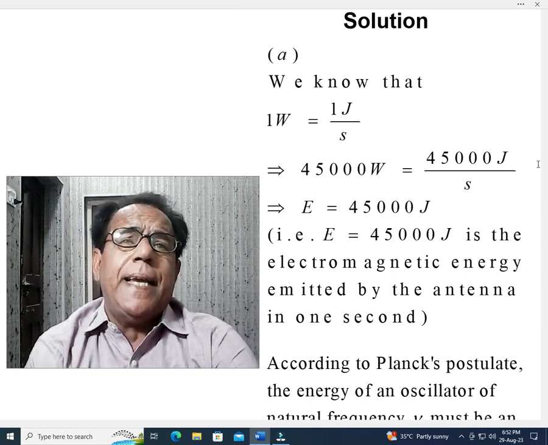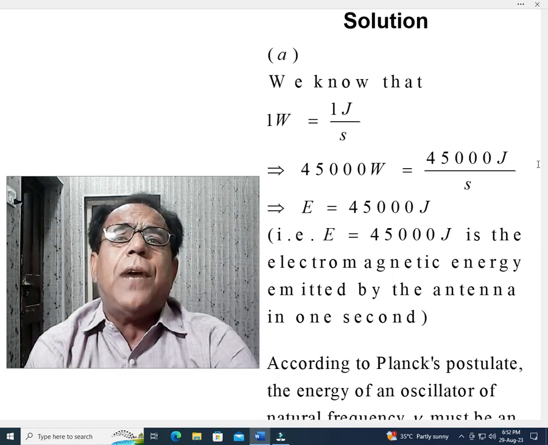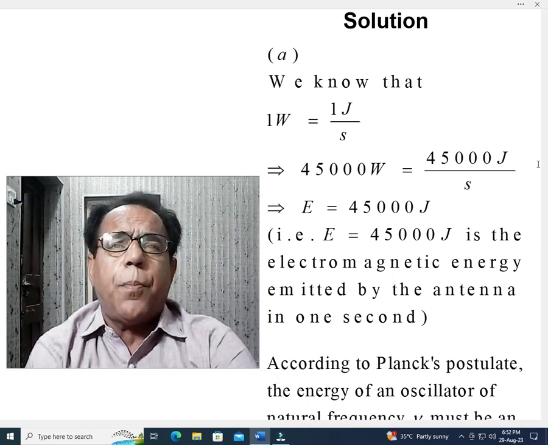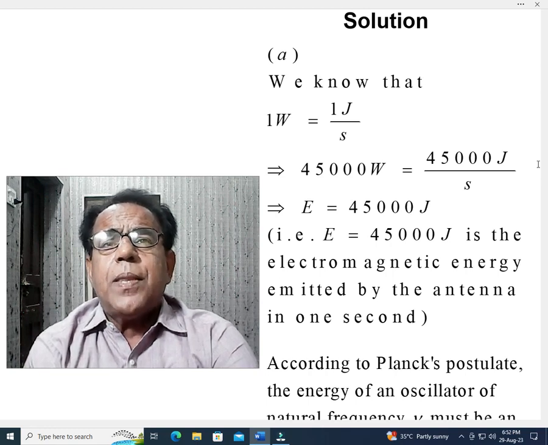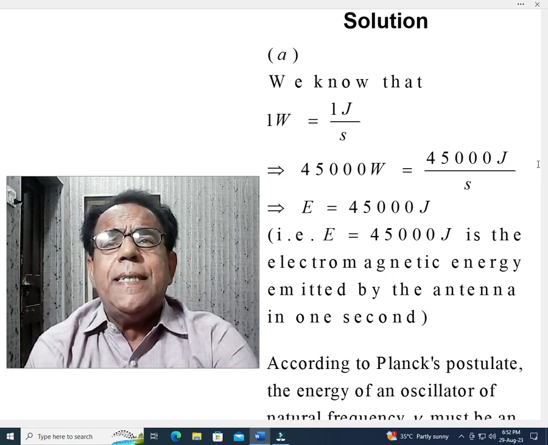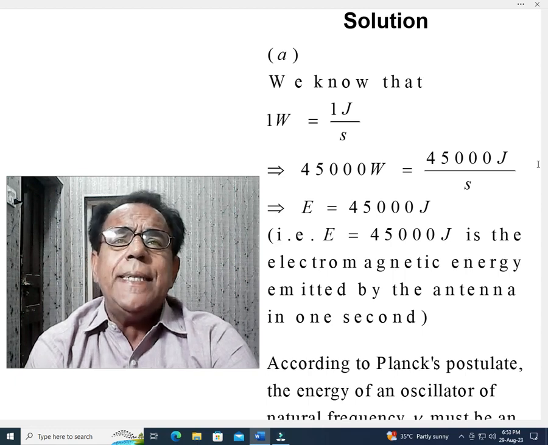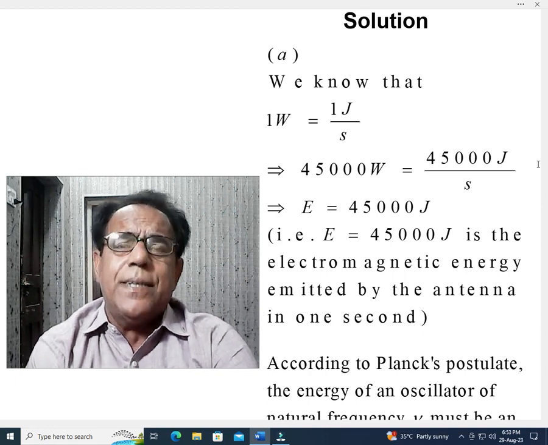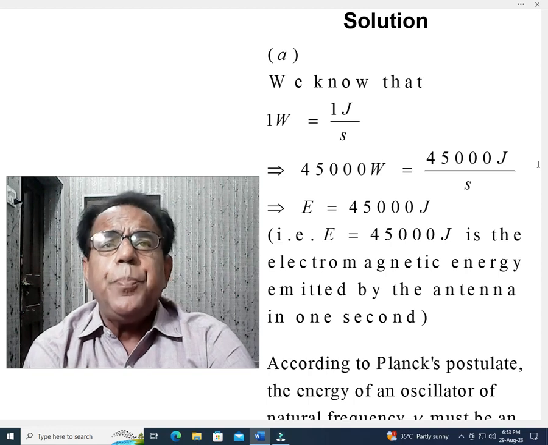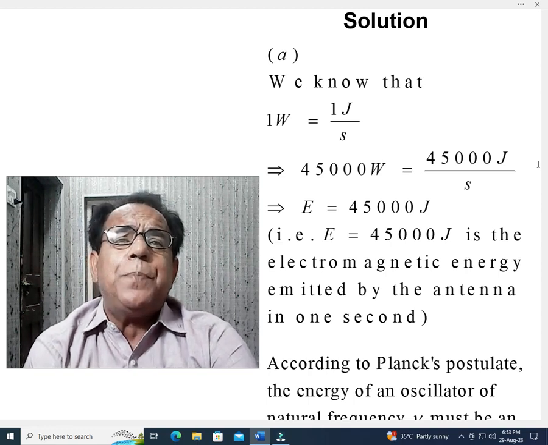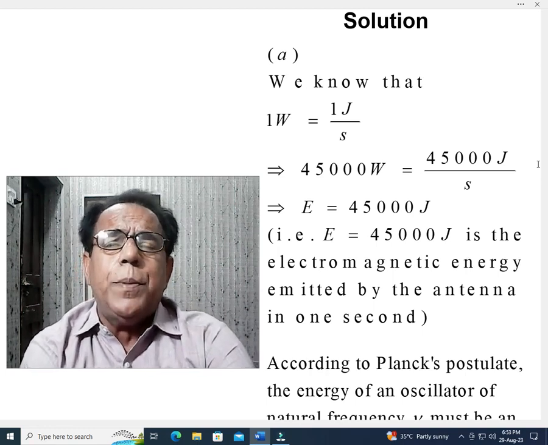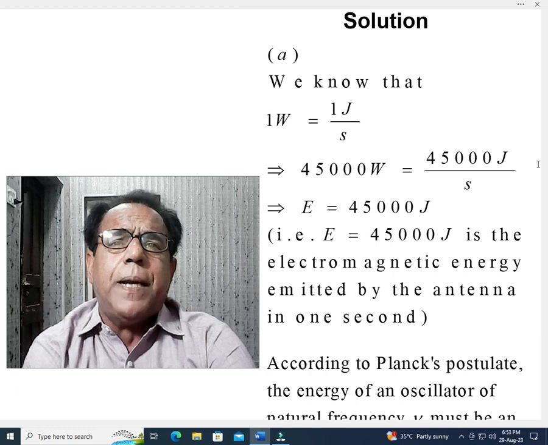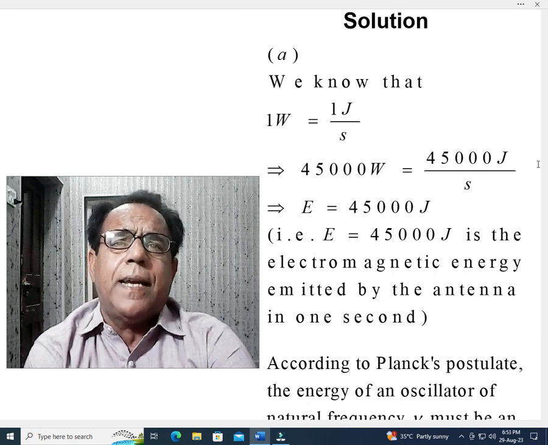This implies that energy is equal to 45,000 joule. Here energy is in joule and it is per second. Within brackets it is explained that E equal to 45,000 joule is the electromagnetic energy emitted by the antenna in 1 second.